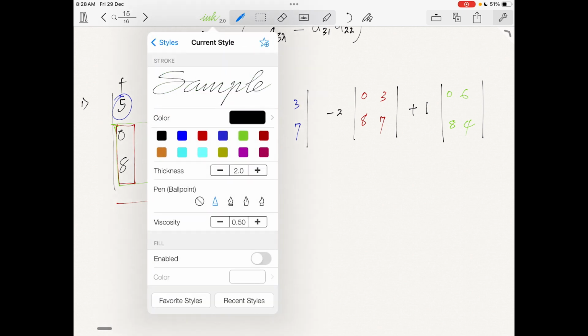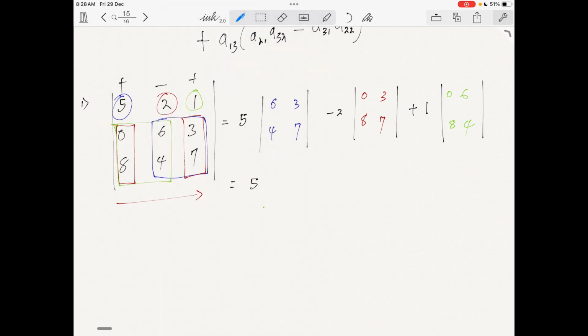Now we have 5. The leading diagonal here is 6 times 7, that's 42, minus 4 times 3, that's 12. Minus 2 into leading diagonal of 0 times 7, that's 0, minus following diagonal 8 times 3, that's 24. Plus 1 into leading diagonal of 0 times 4, that's 0, minus following diagonal of 8 times 6, that's 48.